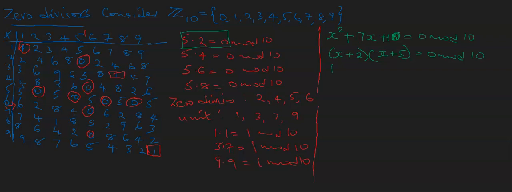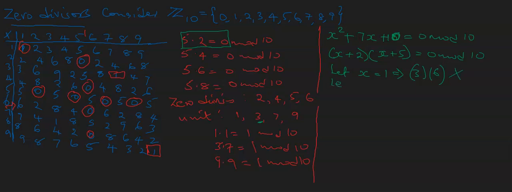So note, if we let x equal to 1, then we shall have 3 times 6. 3 times 6 is not equal to 0. Remember, 3 is a unit. So x cannot be 1.